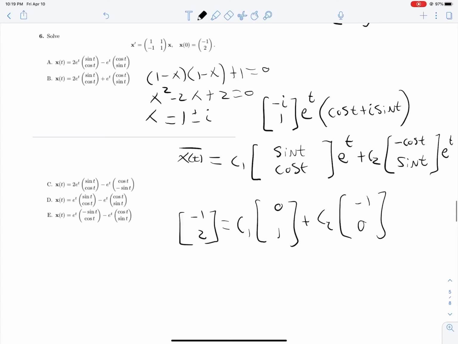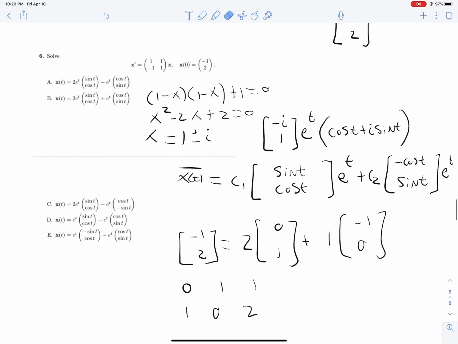So again, here is our augmented matrix 0, 1, negative 1, 0, negative 1, 2. And so we see that C1 is equal to 2, C2 is equal to 1.